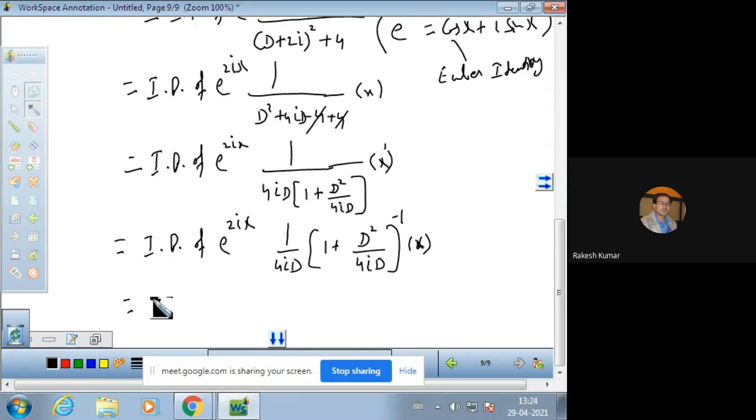Now further, that will be the imaginary part of e raised to power 2 iota x upon 4 iota d. Now apply the binomial theorem here. 1 minus d square upon 4 iota d. You can simplify a little.